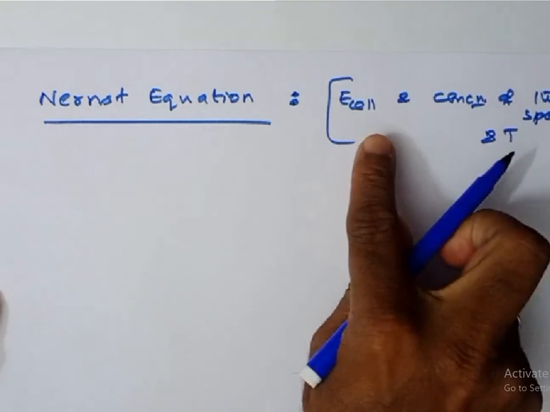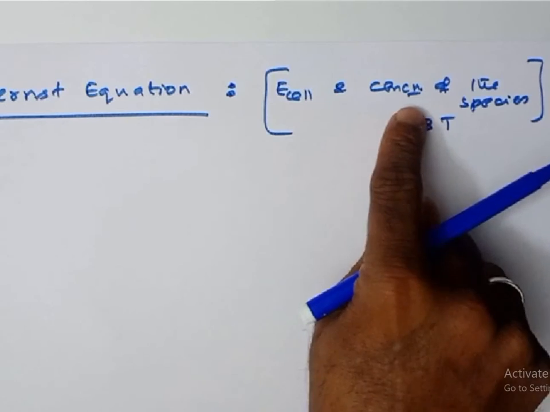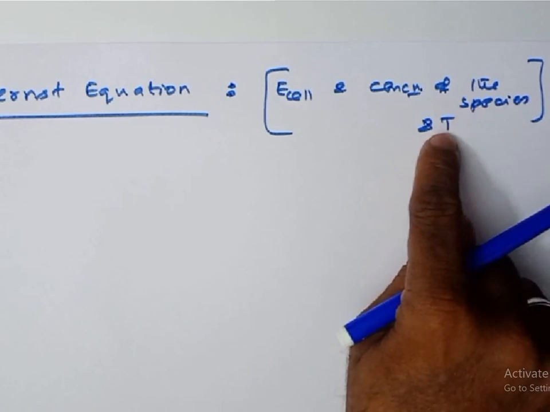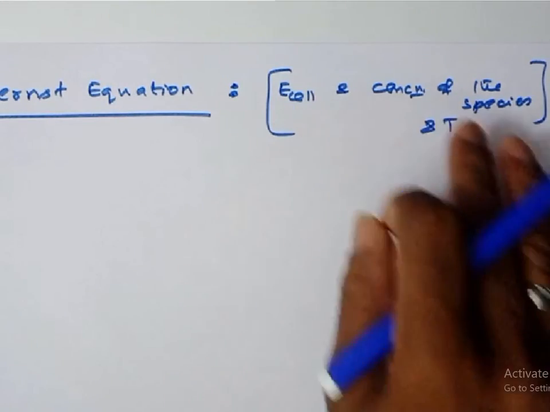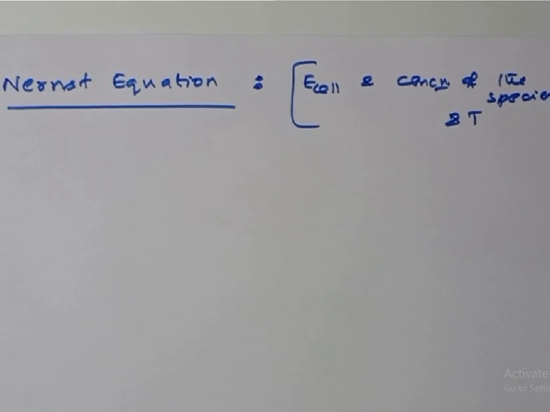Nernst equation will give you the relation between the cell potential and the concentration of the species and temperature. Okay, that relation we can get from the Nernst equation.